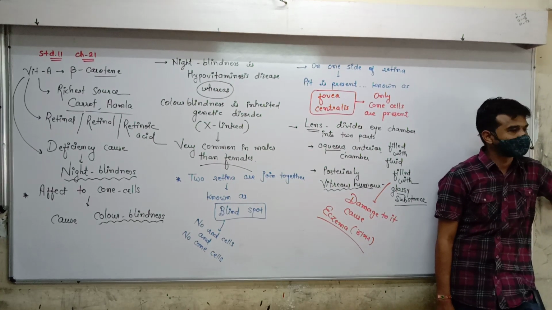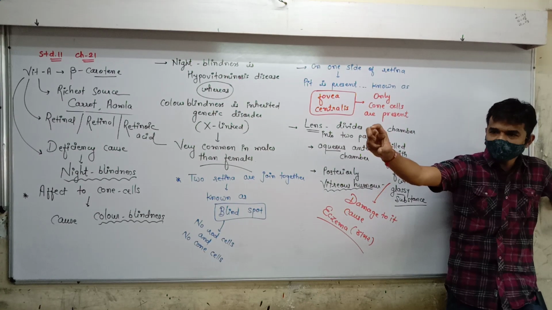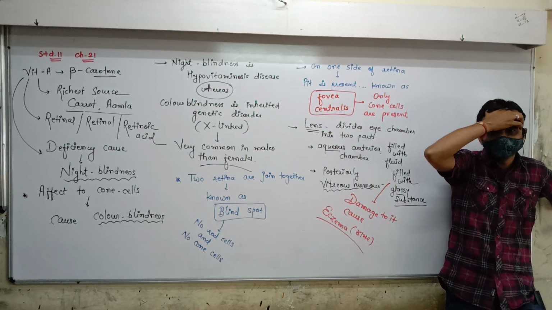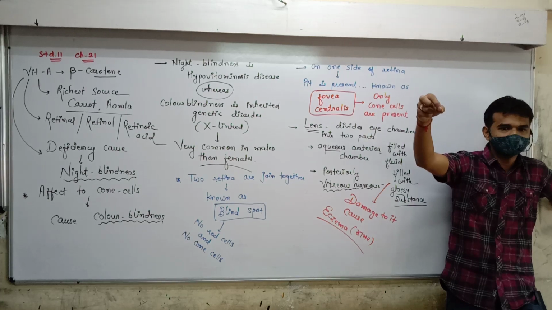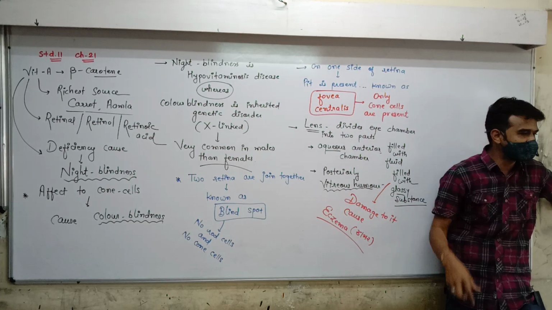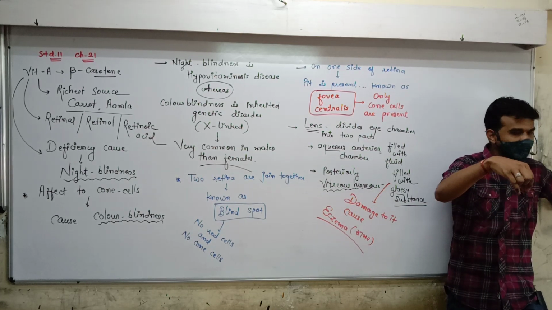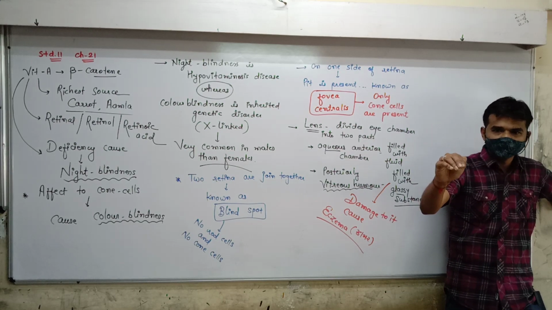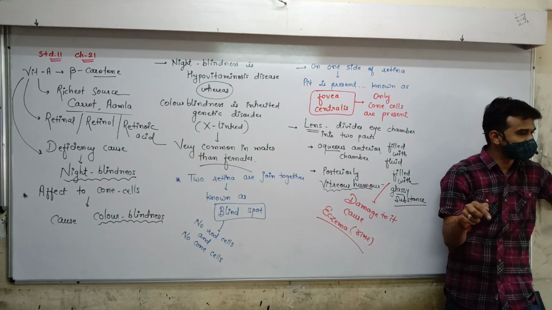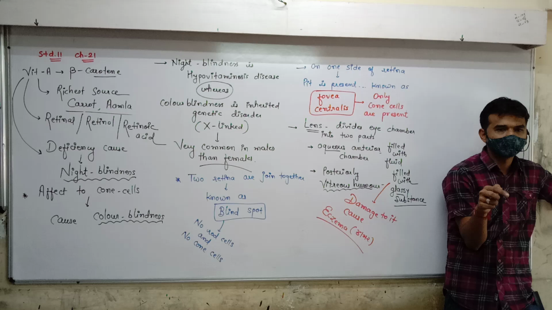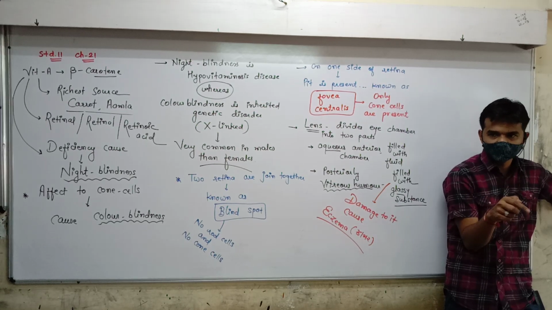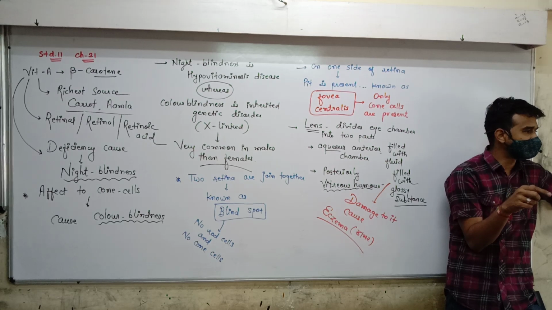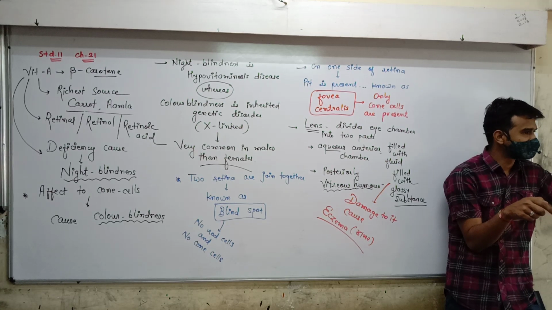When we see any object, first the light rays pass through the conjunctiva, then to the transparent membrane, red color, then to the aqueous humor, then on the pupil, to the lens, to the vitreous humor.